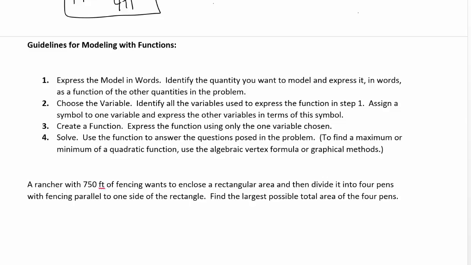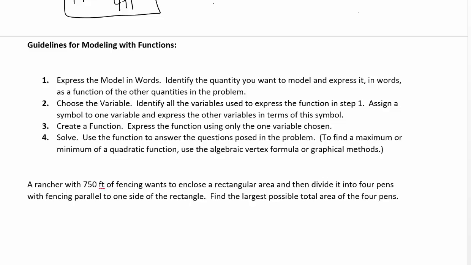And we're usually going to be able to find some kind of a constraint equation and some kind of objective function. The constraint is the thing that has to be true and maintained throughout the problem, and it's typically an equation. And the objective function is usually just a formula that represents the thing that we are trying to find the maximum or the minimum of.